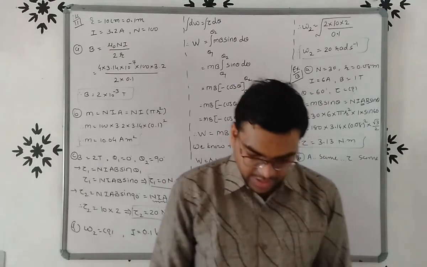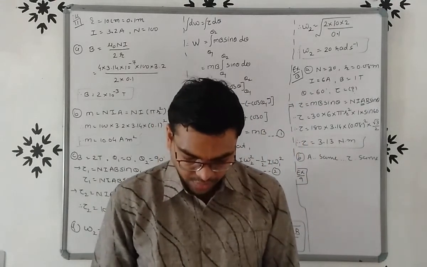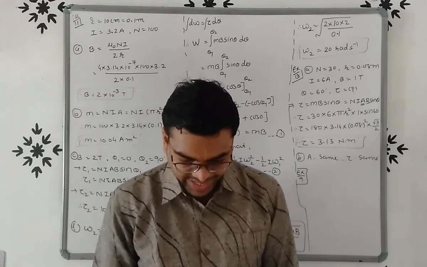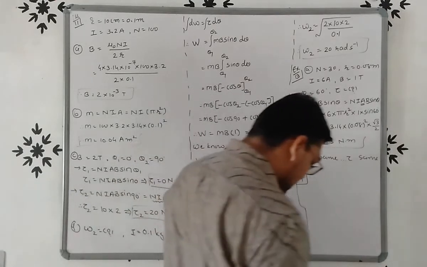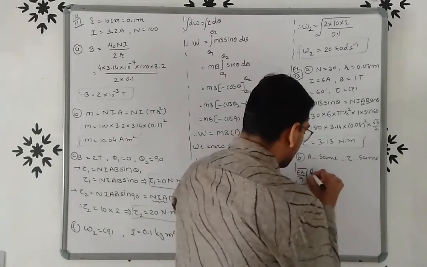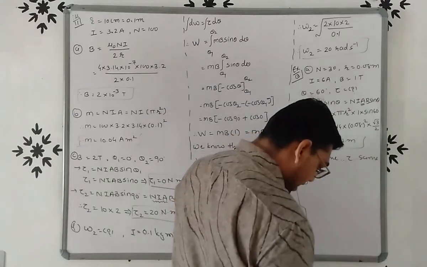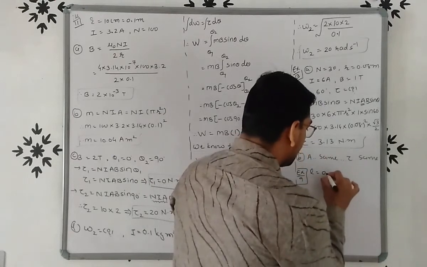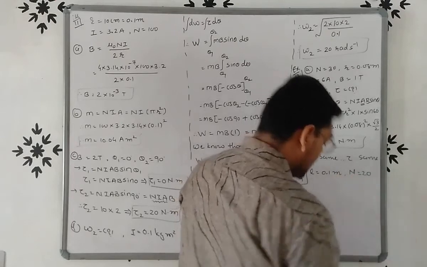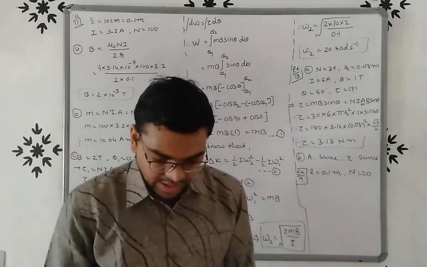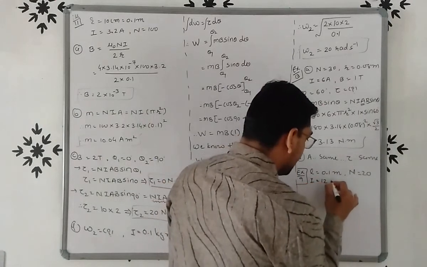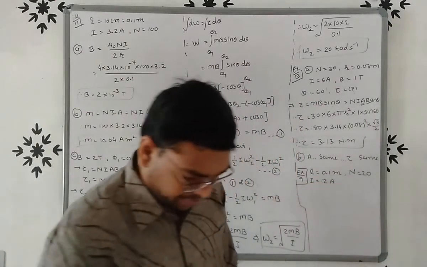A square coil of side 10 centimeter consists of 20 turns. So here the length of the square coil is given. So square coil is given. So length L is 10 centimeter, so we can say 0.1 meter. Having number of turns 20. Carries a current of 12 ampere. So here current I is given, that is 12 ampere.